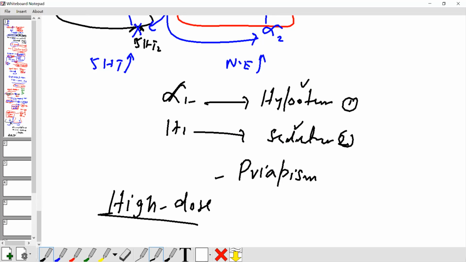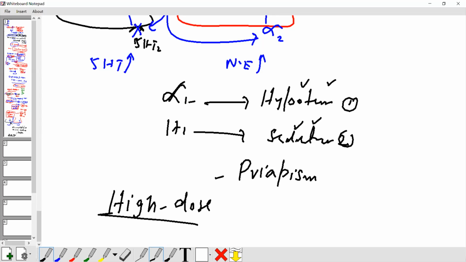We must give a very high dose compared to SSRI and SNRI to treat depression. These drugs must be avoided in male patients because of the dangerous side effect priapism. It can lead to later infertility. Hypotension and sedation are not very dangerous side effects. Priapism is the more dangerous side effect in males, a problem like sexual dysfunction.